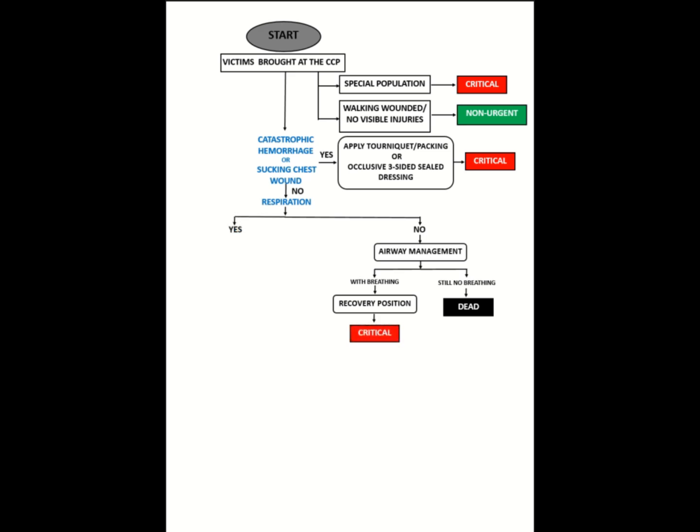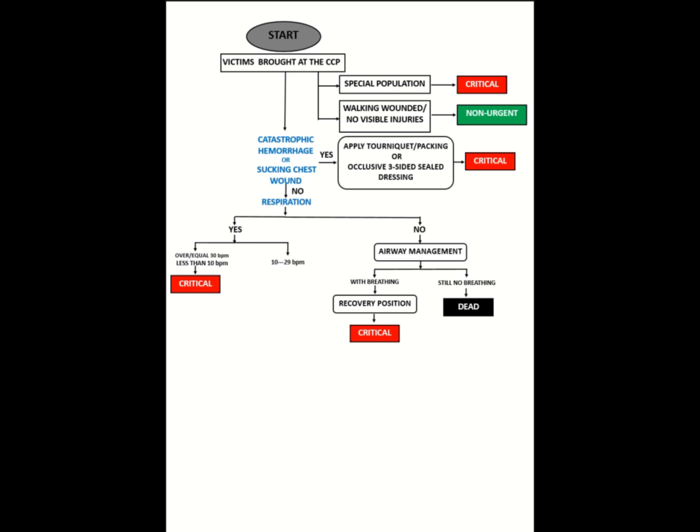On the other end of the spectrum, if the patient is indeed breathing, the next question that we will ask is the respiratory rate. If the respiratory rate is equal or over 30 breaths per minute or less than 10 breaths per minute, then we tag that patient as critical.